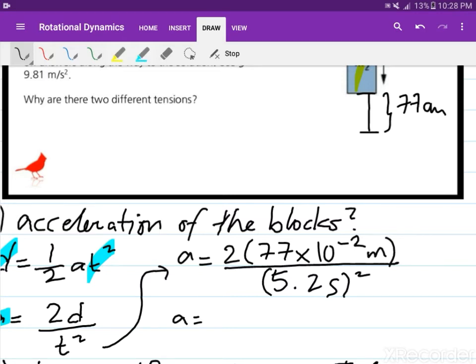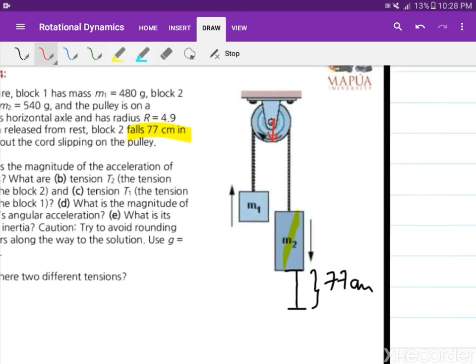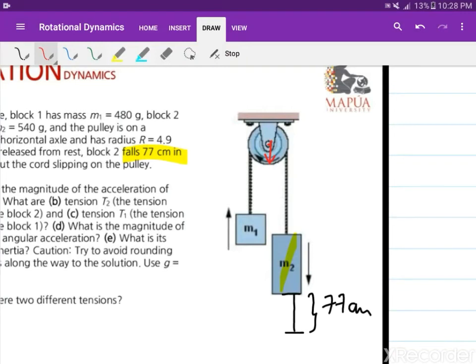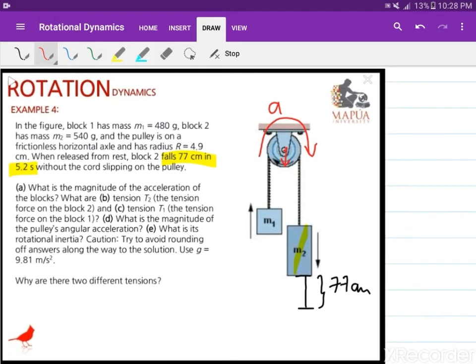So this will give us an acceleration of 0.057 meters per second squared. Okay, so this acceleration is actually for both masses. This A, since it is already given that this mass fell down at this amount of distance.